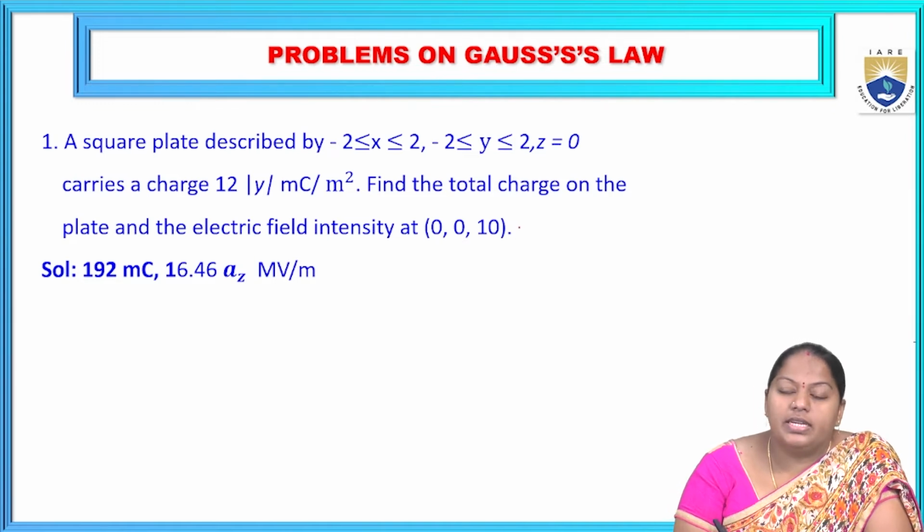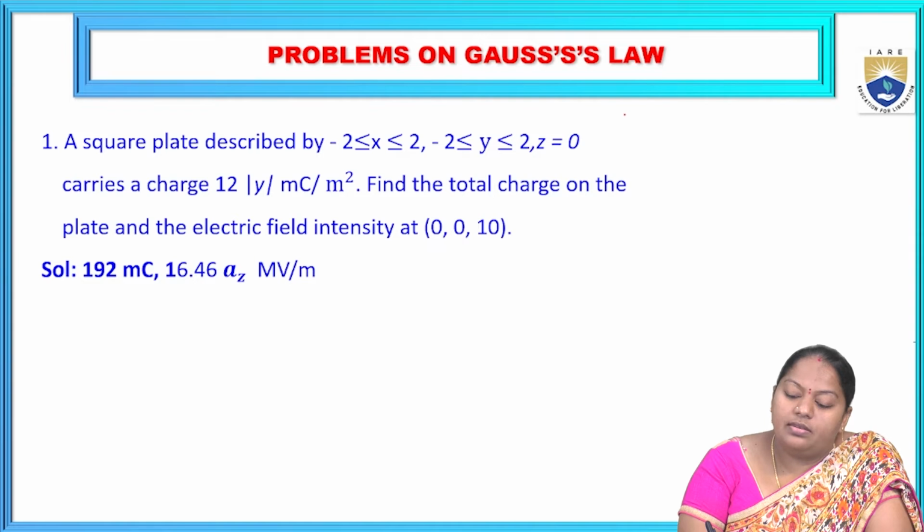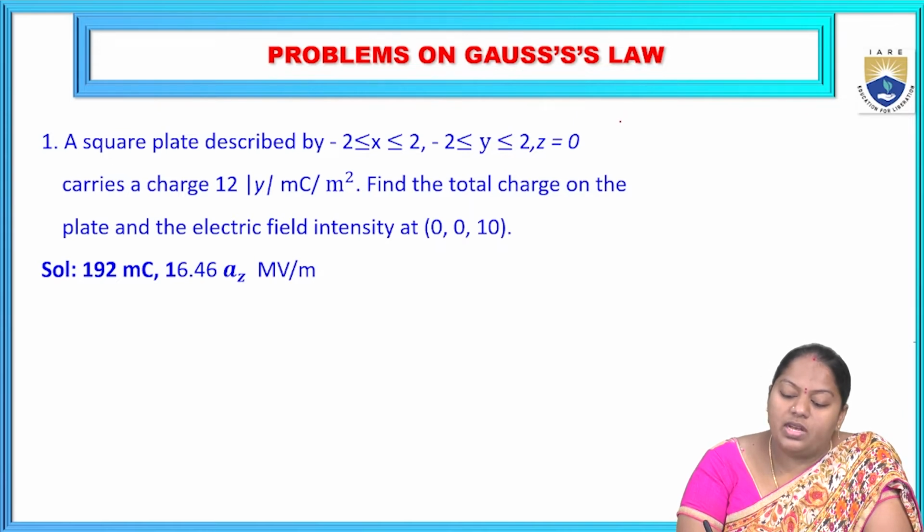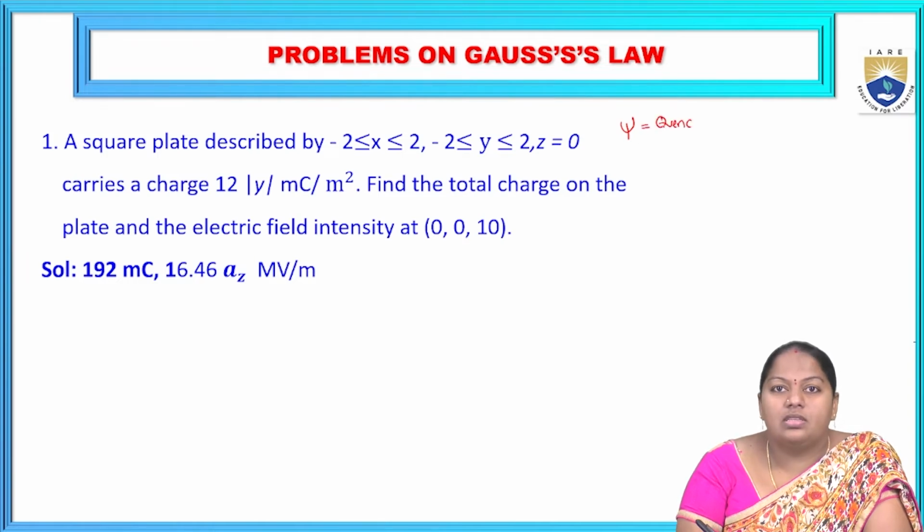Gauss law states that the flux passing through any closed surface is the same as the net charge enclosed by that surface. The flux passing through any closed surface is represented with psi, which is equal to the total charge enclosed by that surface, Q enclosed.